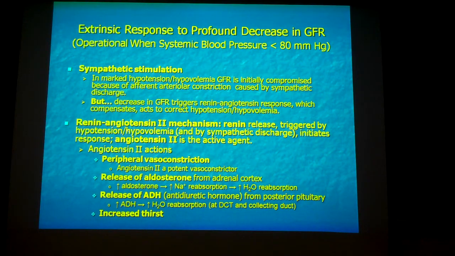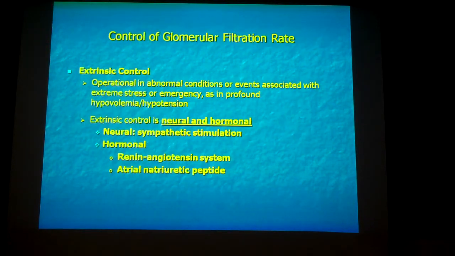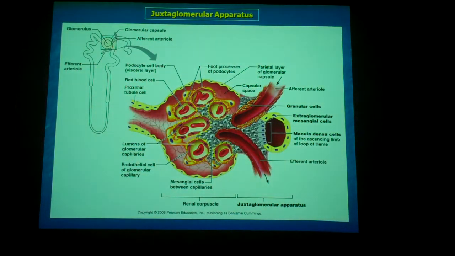We also now bring into play the renin-angiotensin II mechanism. And the reason that happens is when there is a drop in pressure going into the afferent arteriole, these cells right here, the granular cells, release the enzyme renin. Remember we talked about this?